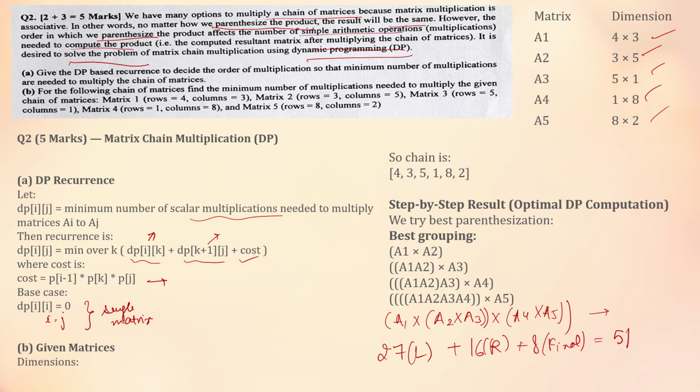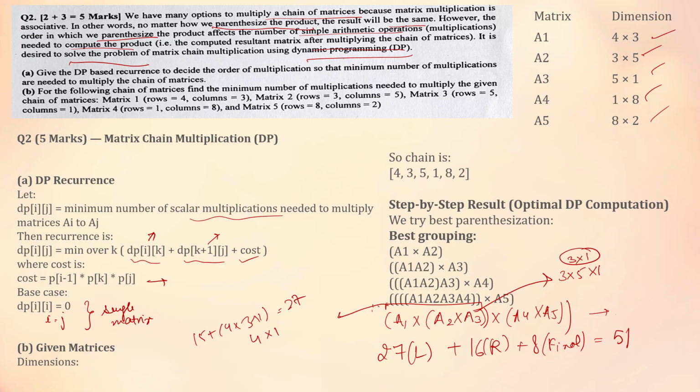In case of A2 into A3, this part you'll have 3 into 5 into 1, so here you get a resultant of 3 into 1. Then A1 into this whole part: 15 plus 4 into 3 into 1 is equal to 27.